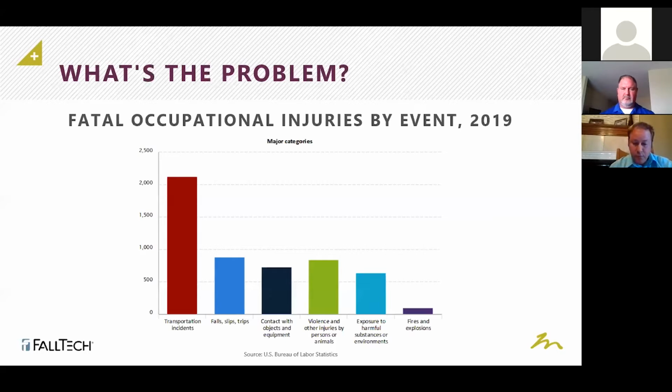If we didn't look at the fatalities and we looked at non-fatal, non-occupational cases, meaning things where people had restricted cases, lost time cases, or first aid type injuries, there in first place in that area was sprains and strains.